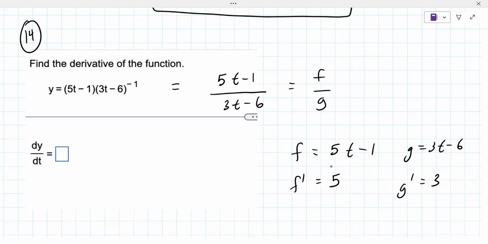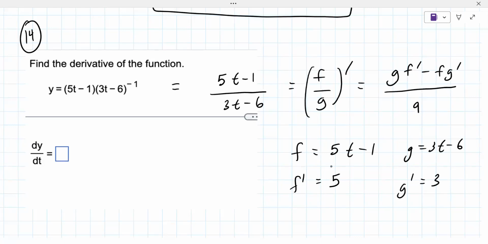Right. So now your derivative rule is: the derivative is bottom times derivative of the top minus top times derivative of the bottom over the bottom squared. Now it's just a matter of plug and chug. Just put these numbers in, write them out.